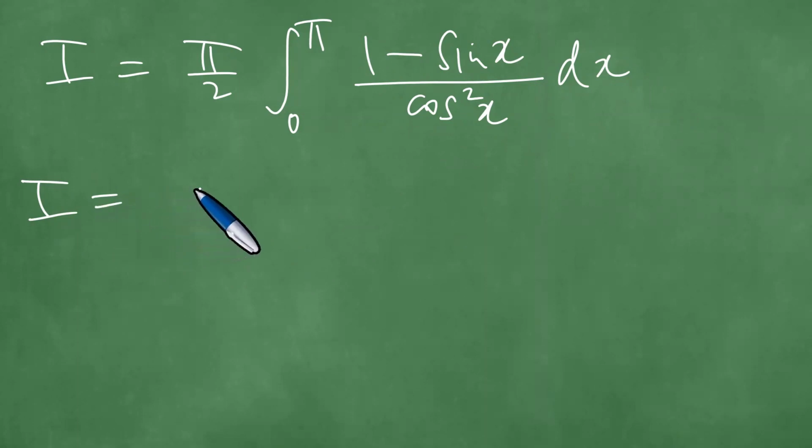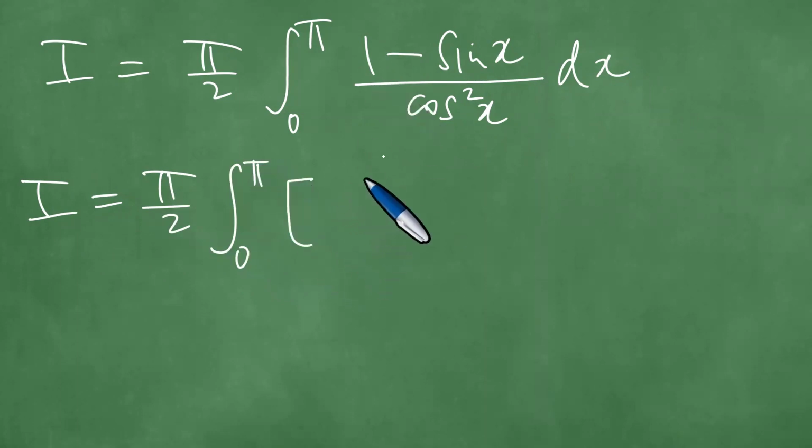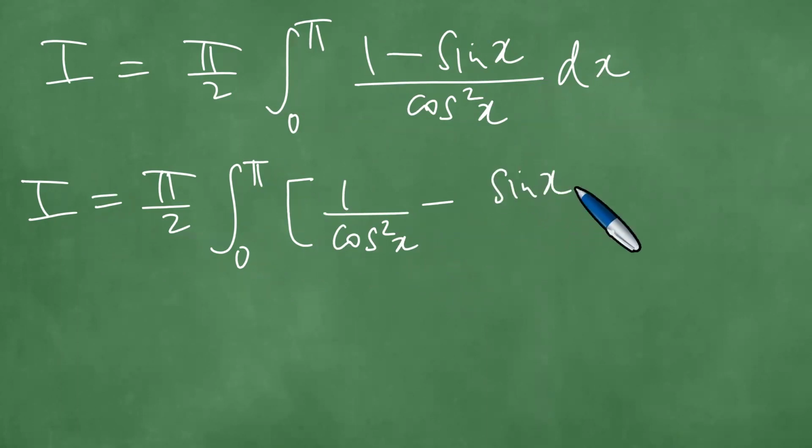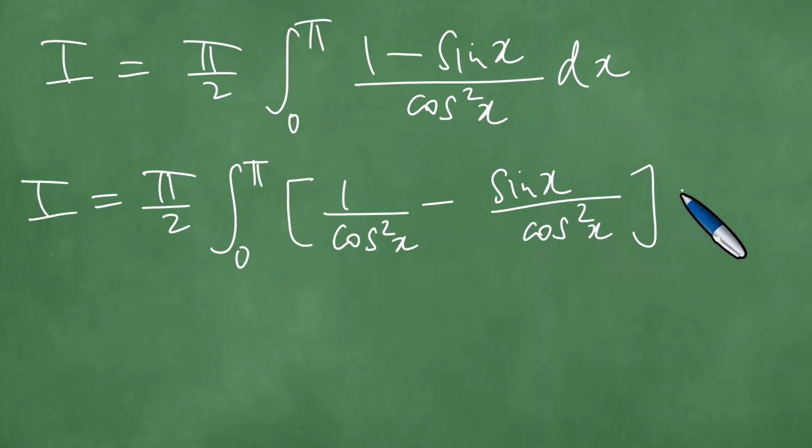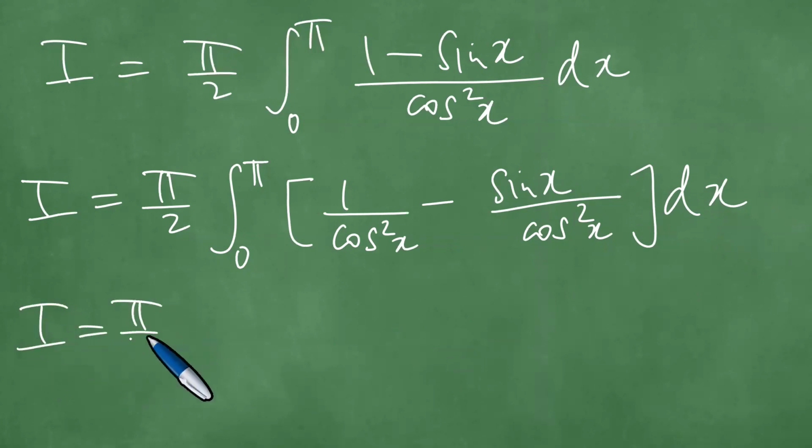And now this is very interesting because we can write it in the form 1 over cosine squared x minus sine x over cosine squared x dx. So we have 0 to pi.